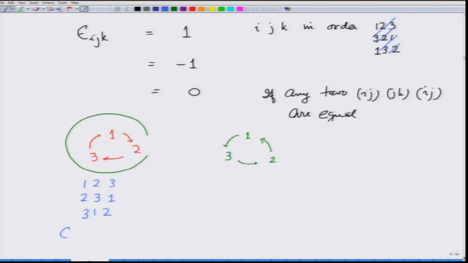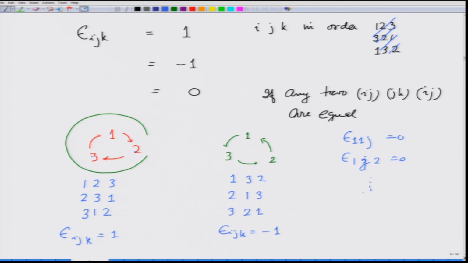Then I am going to have epsilon i j k equal to 1. If I have, on the other hand, 1, 3, 2 or 2, 1, 3 or 3, 2, 1, then I am going to have epsilon i j k equals minus 1, and epsilon 1, 1, j is 0 no matter what j is, epsilon 1 j 2 is 0 and so on.